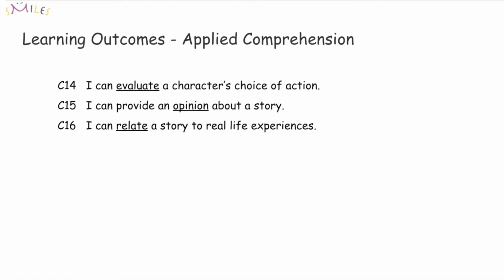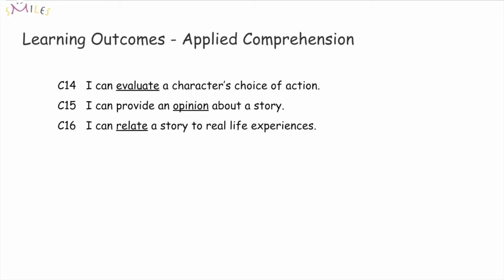Applied comprehension is the ability to apply personal opinion and experience in such a way so as to demonstrate understanding of the story. This level of comprehension is assessed through questions such as, do you think the character did the right thing? C14.